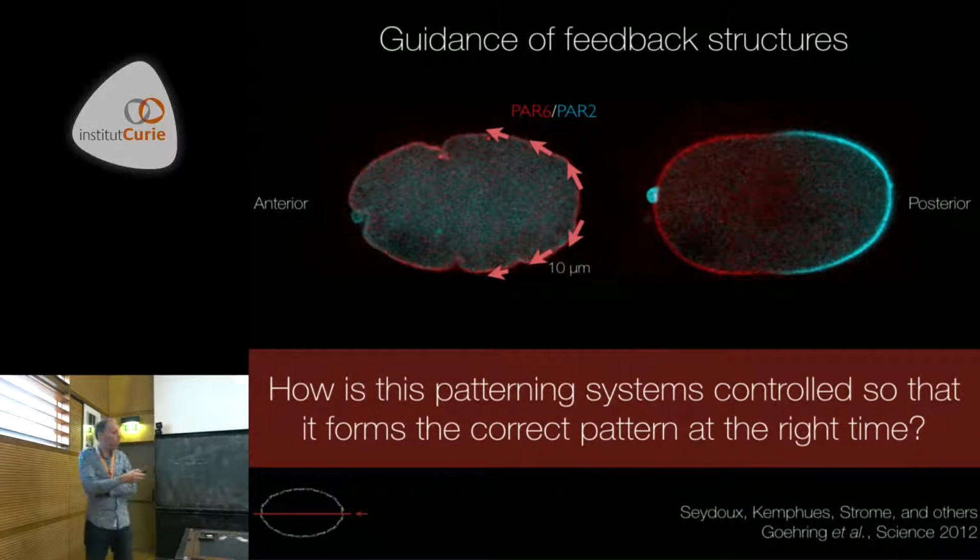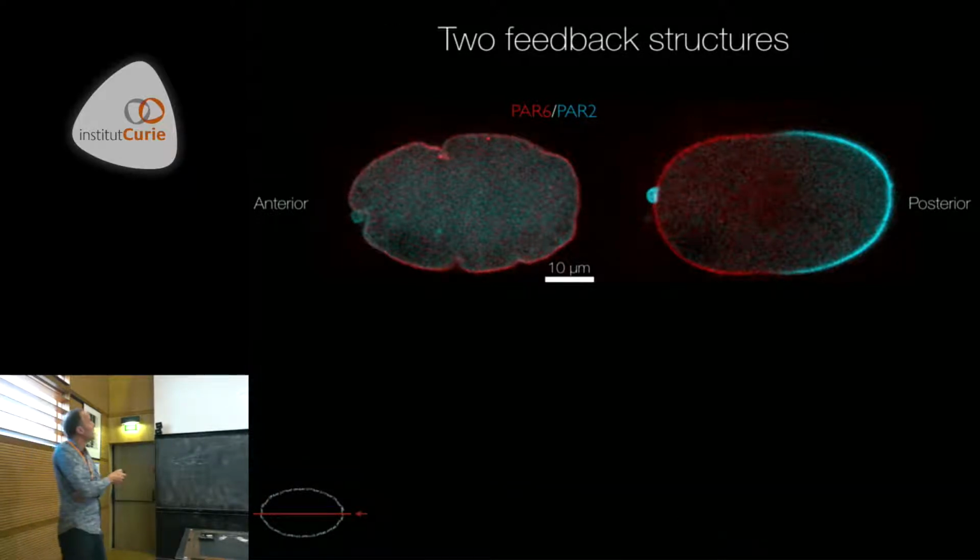And I've really just told you about one type of feedback, okay? Which is this feedback between the flows on the surface and the distributions of these types of species, and the fact that the red species also controls the flows, okay, by controlling myosin concentration. So how is this patterning system really controlled so that it forms the right pattern at the right point in space and time, in essence, okay? So I've told you about that.